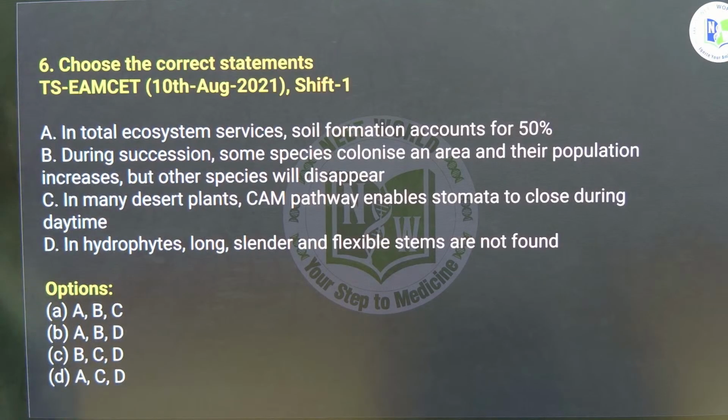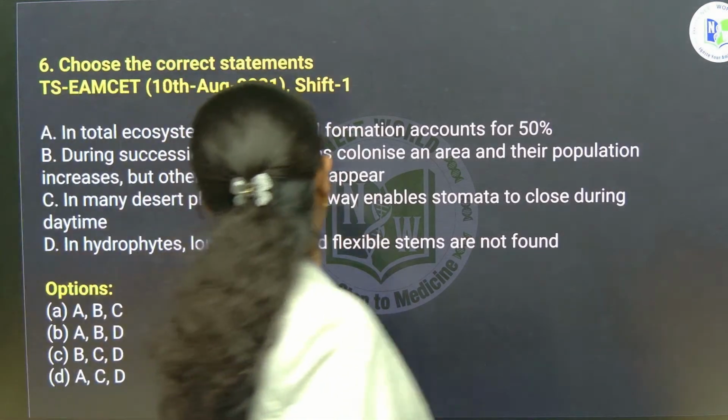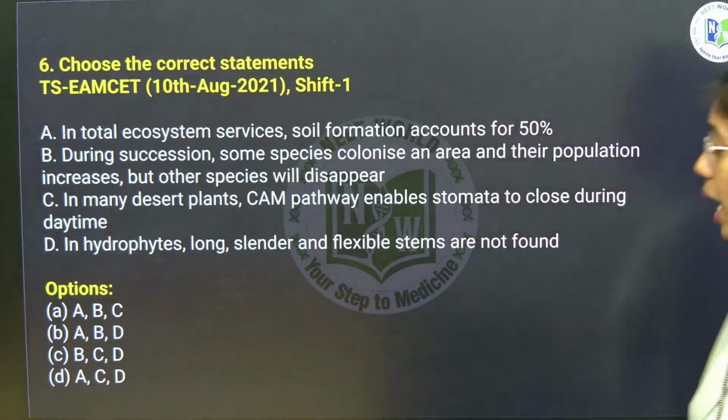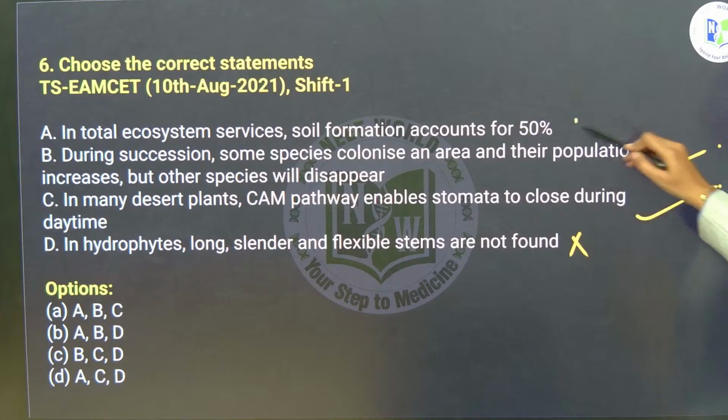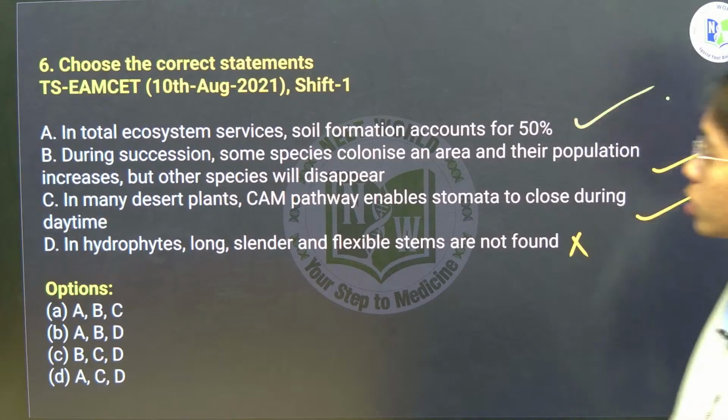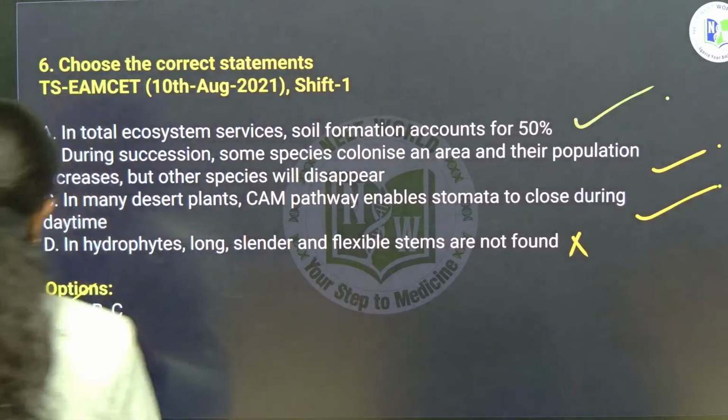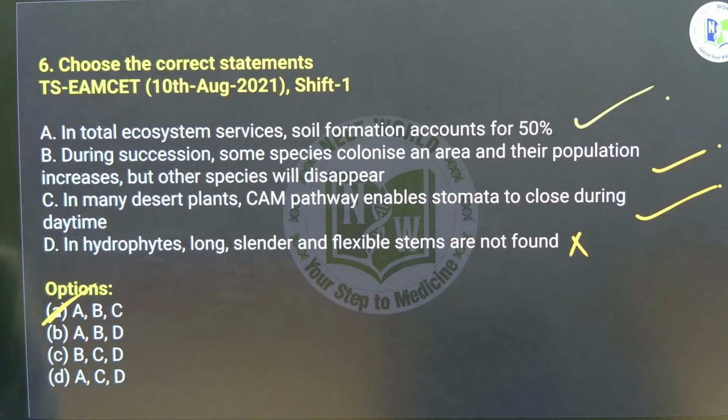During succession, some species colonize an area and their population increases, but other species will disappear. True. In many desert plants, CAM pathway enables stomata to close during daytime. True. In hydrophytes, long, slender and flexible stems are not found. They are found. Long, slender, flexible stems are found in hydrophytes. In total ecosystem services, soil formation will account 50%. True. So, it is A, B and C. Fine, right, ma? Any doubts anywhere?